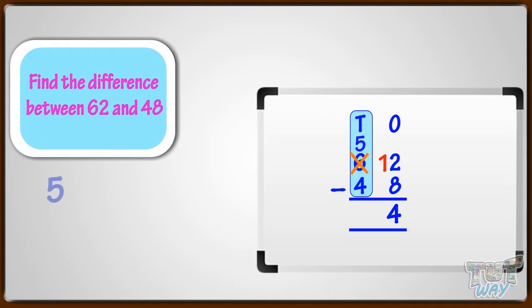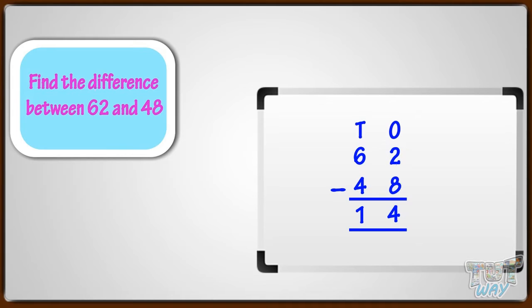So, 5 minus 4 equals 1. And write the difference below tens place digits. We got 62 minus 48 equals 14.